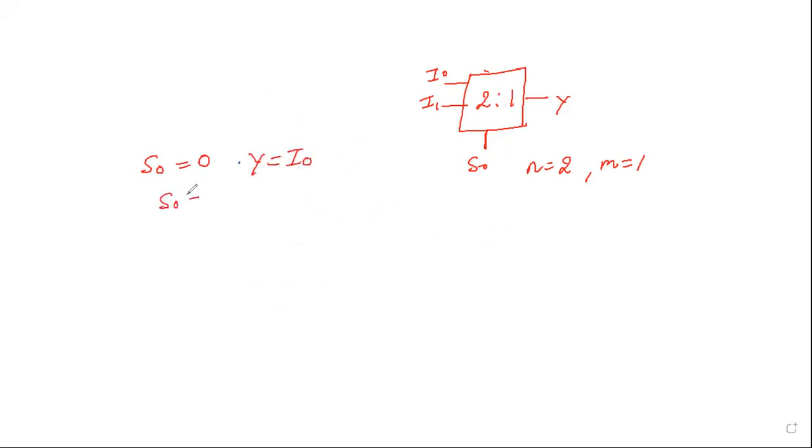And when S0 is 1, the output Y is routed or connected to input I1. So if I combine these two statements, I can say that my output is either I0 or I1, depending upon the value of S0. So if it is S0 bar, that is 0, then the output is going to be this.